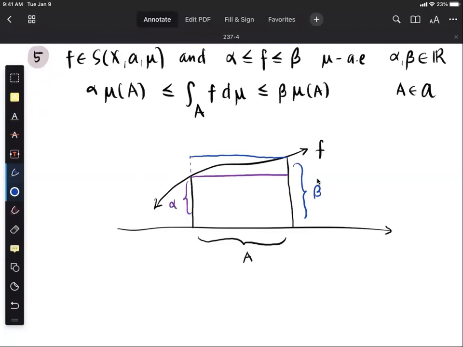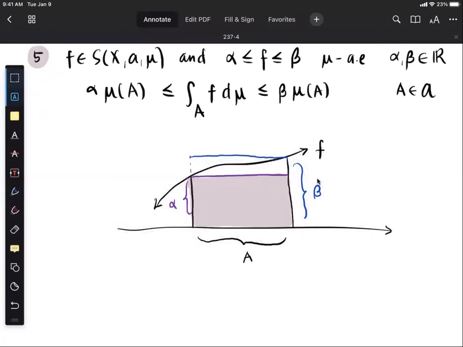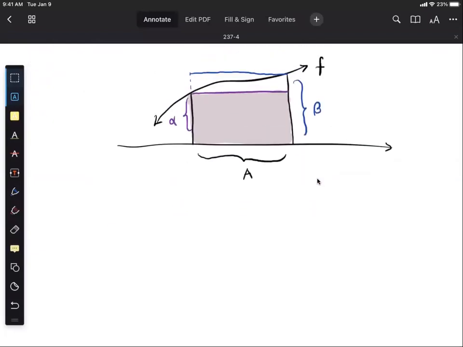So take note that the area of this portion here would correspond to alpha times the pre-measure of A. Okay, so to have a clear graph, let us copy this and put it down here.